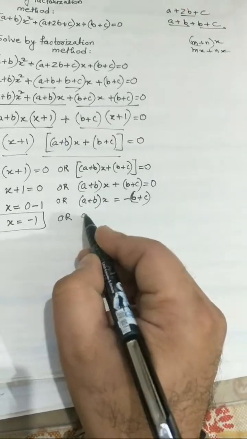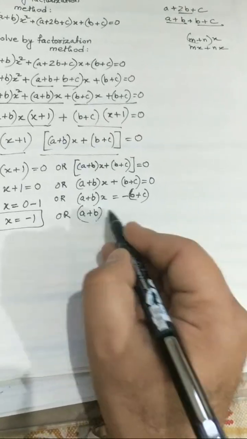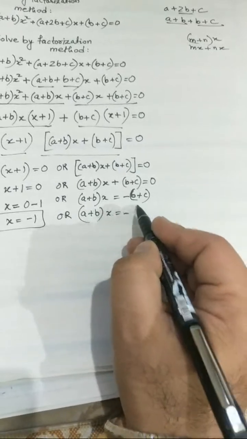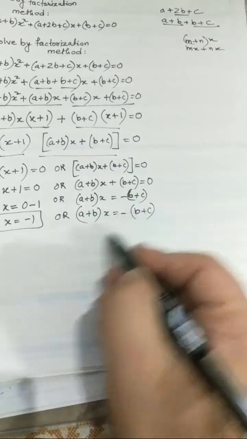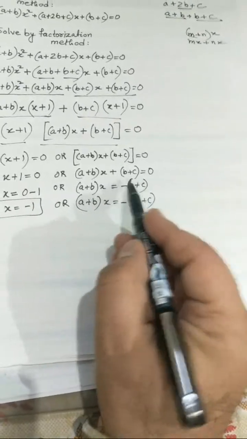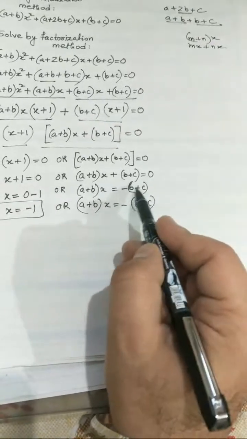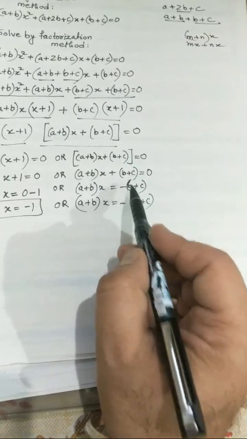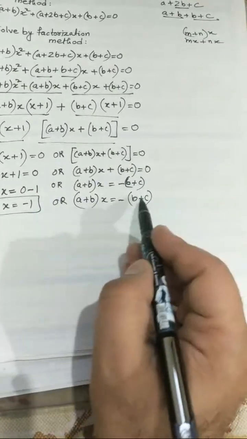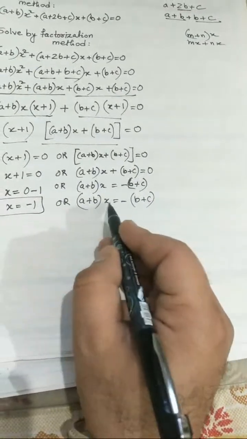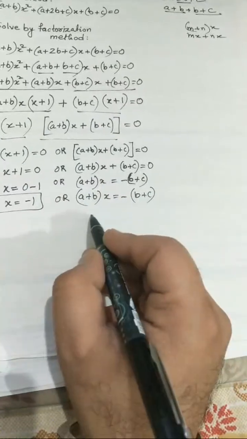Let me write it again so that you can understand fully. Here we have some slip of the pen, so you may not be able to understand, but here I have written again, (a plus b) into x is equal to minus (b plus c).